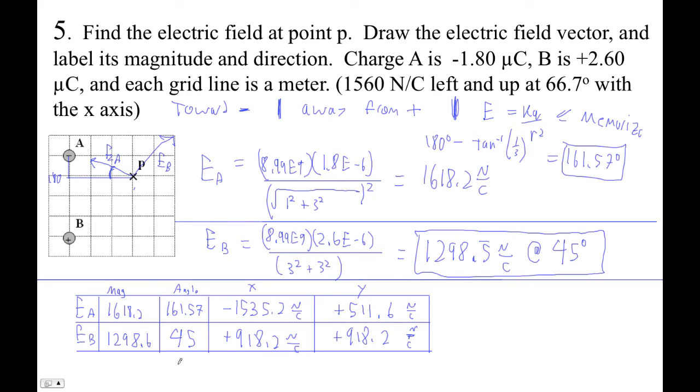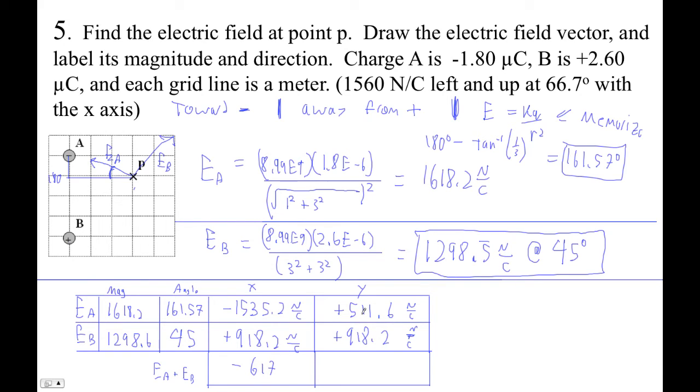Okay, so now we're going to figure out what EA plus EB is, right? So negative 1535.2 plus 918.2 is negative 617.